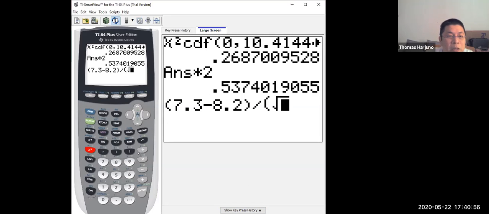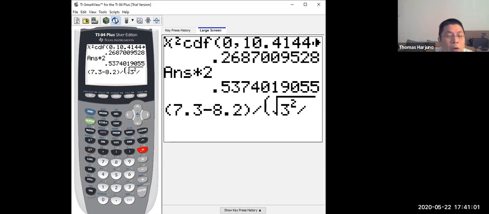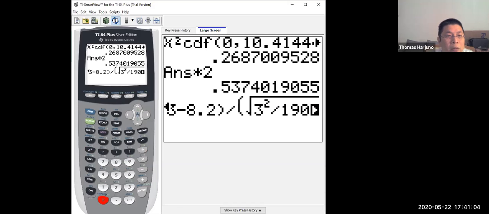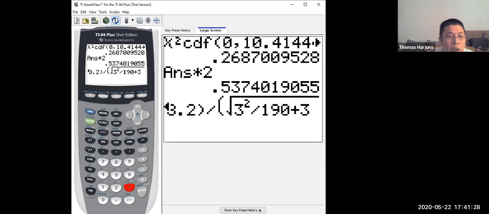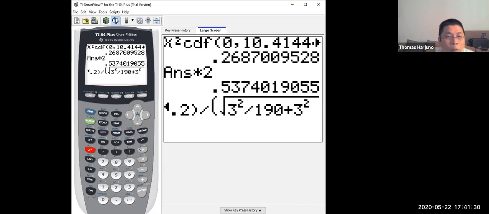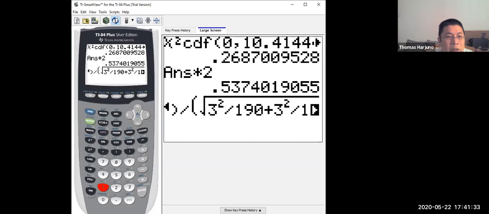And then what is this here? 3 squared over 190 plus, see, division and addition, division is stronger, right? So when I write it this way, my calculator will automatically do the division first and then add. Okay, 3 squared over 186 is equal to 186.